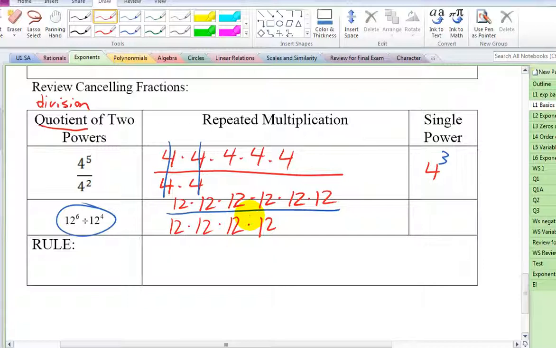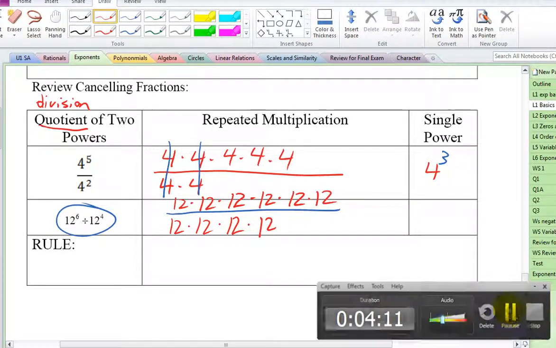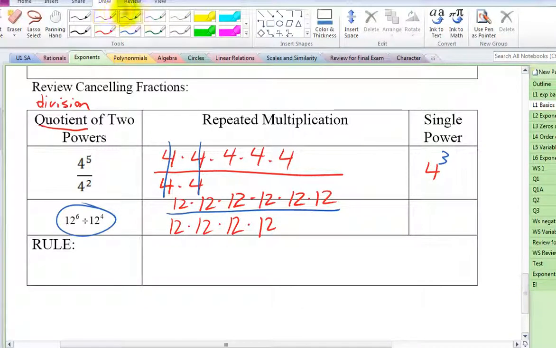You show me what it would look like. So these should be canceled. Final answer, 12 exponent 2.